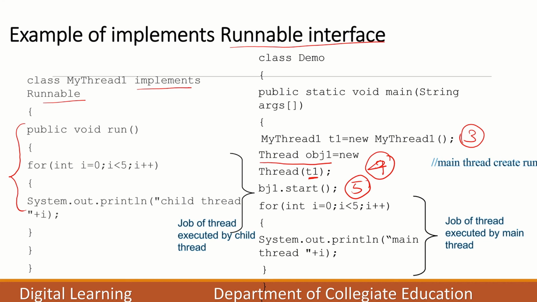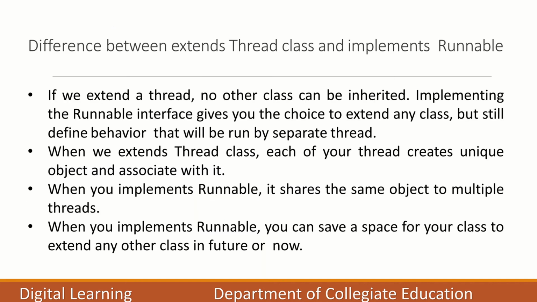So both methods can be used for creating threads, but what is the difference between these two methods? Why should one be used instead of the other? Let us see. Imagine we are going to create a thread, so we say class myThread extends Thread.